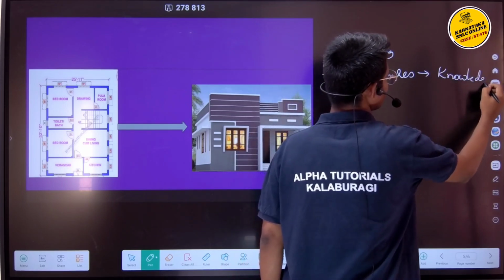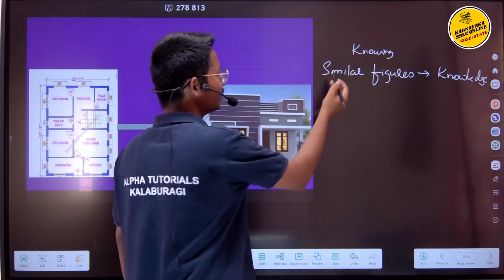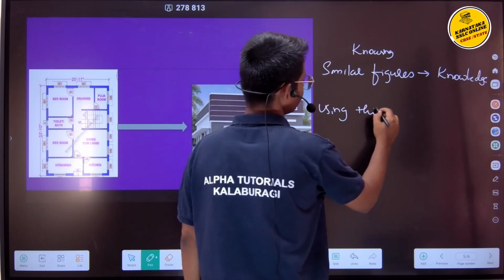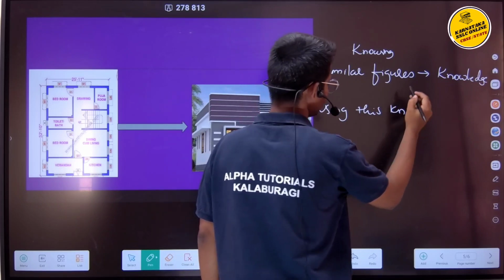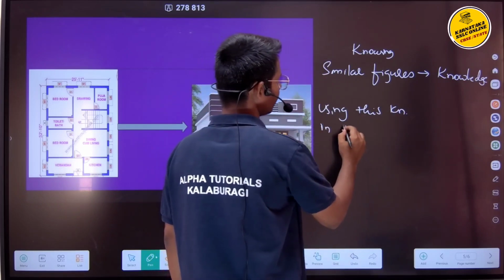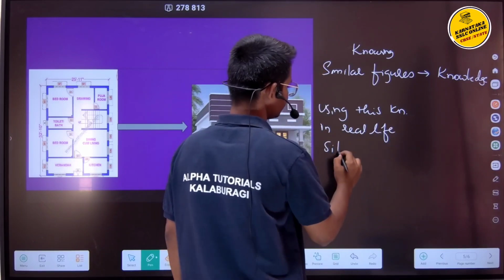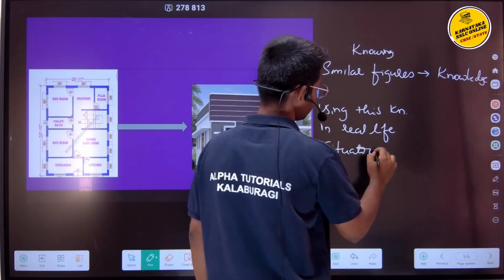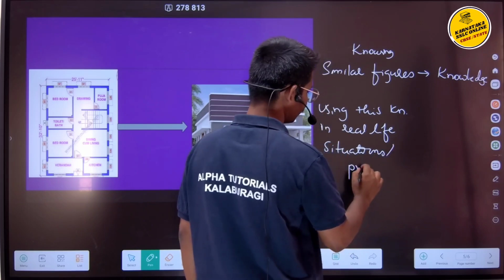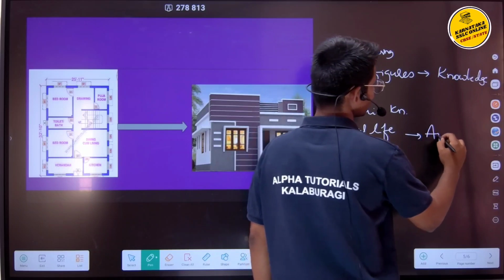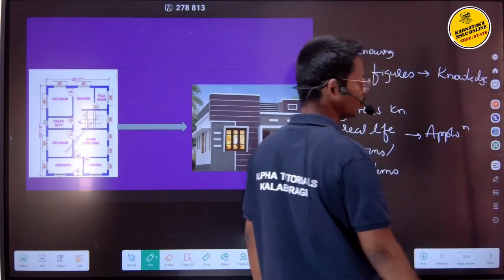Using this knowledge in real life situations or real life problems is called application.